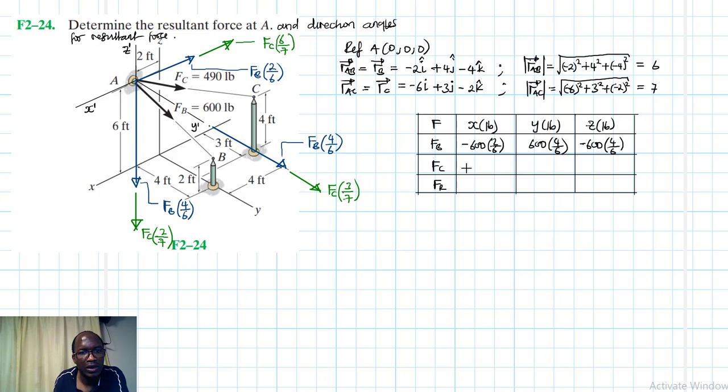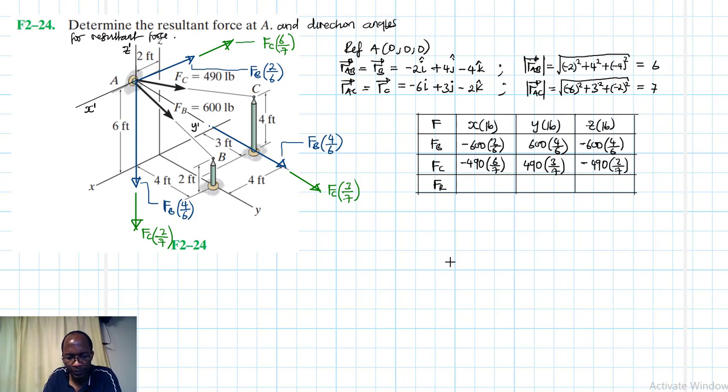FC, the x component is negative, so it's minus 490 by 6 divided by 7. The y component is positive 490 by 3 divided by 7, and the z component is negative 490 by 2 divided by 7.